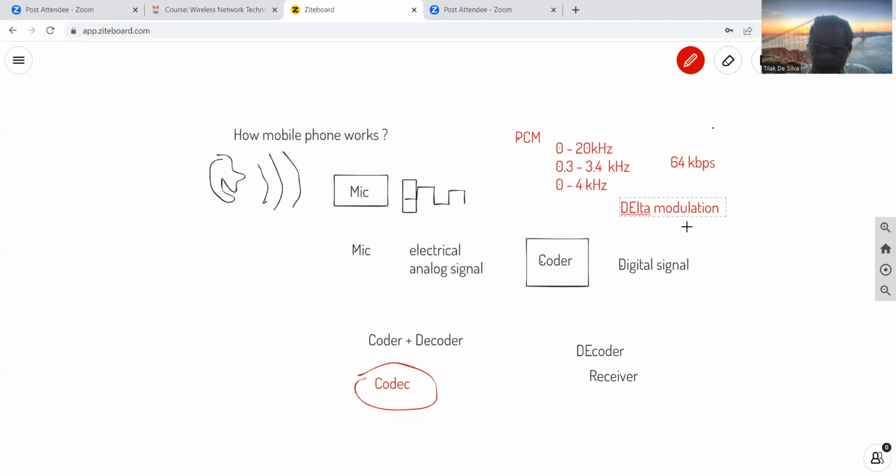So there are some other methods. It has low bit rates, that is 16 kilobit per second, 8 kilobit per second, like that also. There are codecs you can convert to low bit rates. The advantage of the low bit rate is the required bandwidth in the transmission media is less. I explained last time that the bandwidth is proportional to the bit rate.